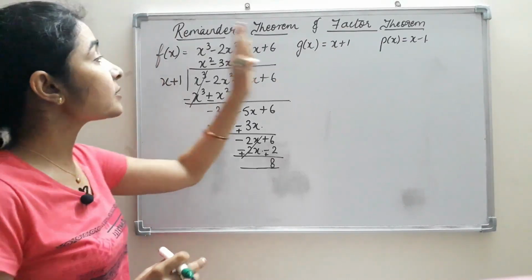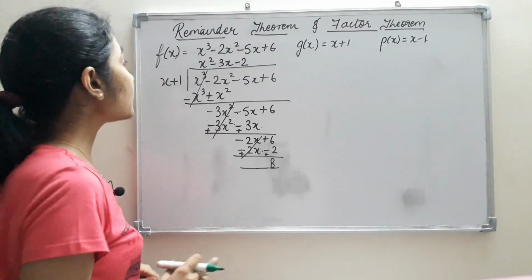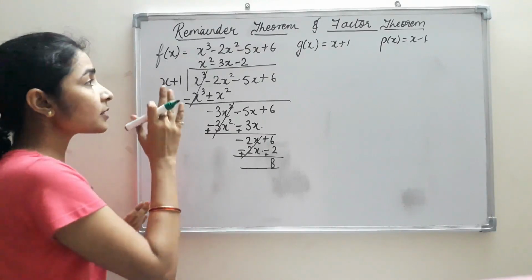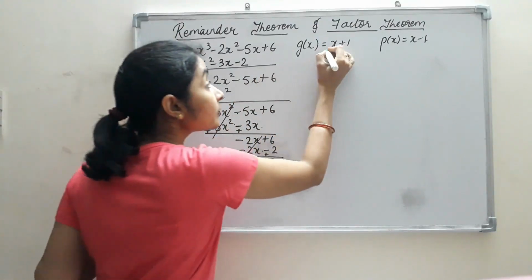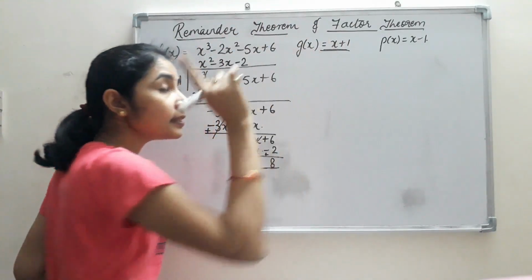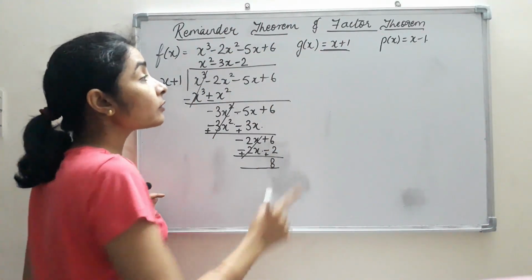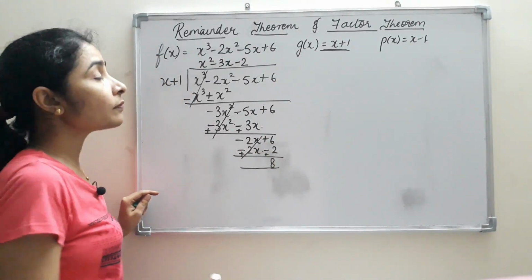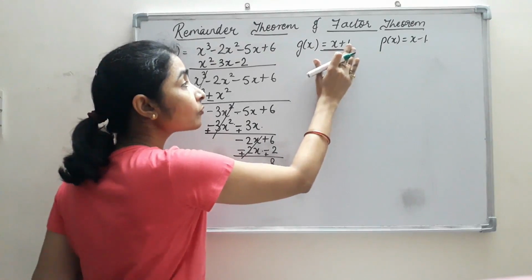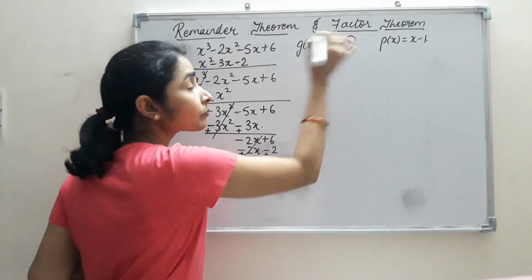Now the remainder theorem says that without doing this actual division, we can find out the remainder when f(x) is divided by g(x). The remainder theorem says that if f(x) is divided by g(x), and in case this polynomial is a linear polynomial, then the remainder is always equal to the function of this constant value.